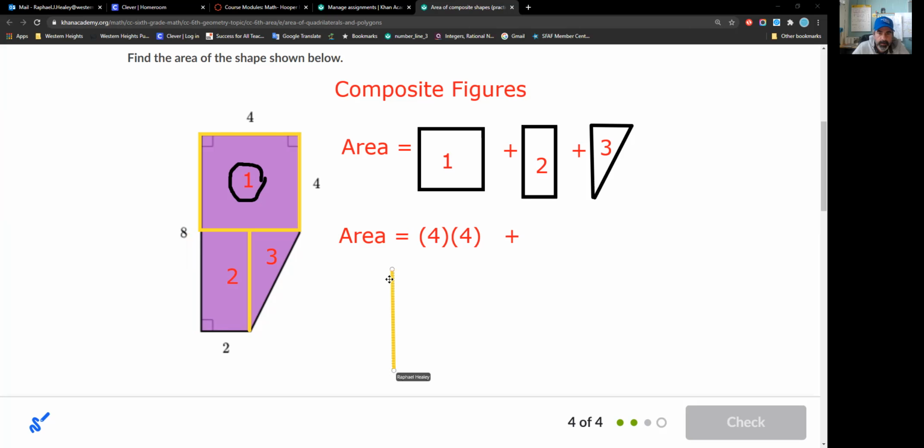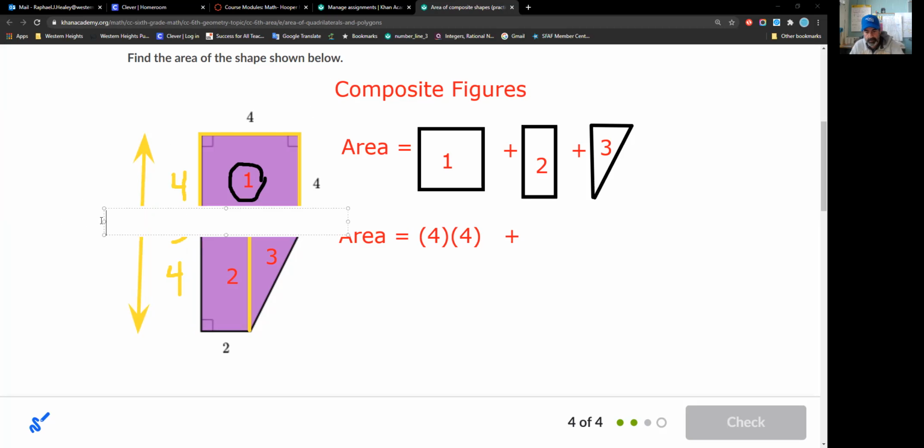So that means that we can ignore the 8. We don't need the 8 anymore. The 8 goes away, and we relabel it as 4 and 4 because the total here is going to be 8. All right.